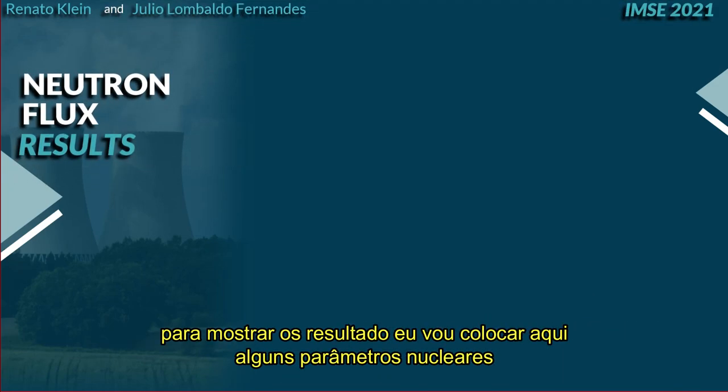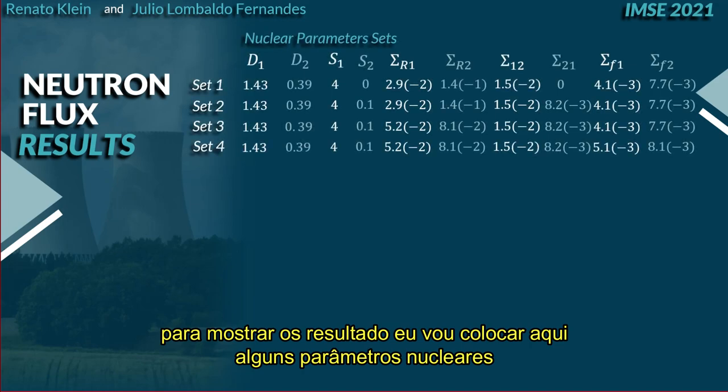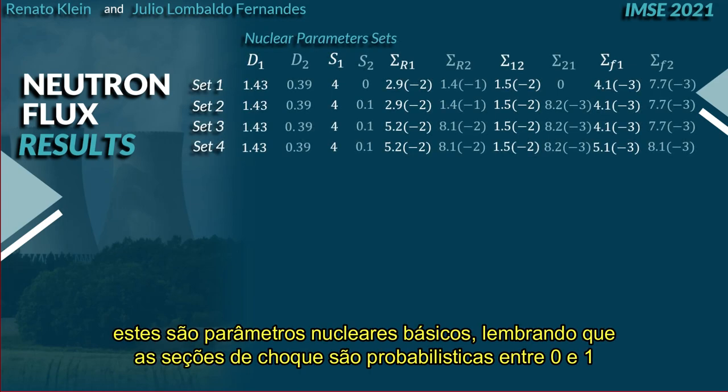So, just to show you the results, I will put here some nuclear parameters. These parameters are basic nuclear parameters. Remember that the cross sections are probabilistic numbers, so they are numbers from 0 to 1 at maximum.